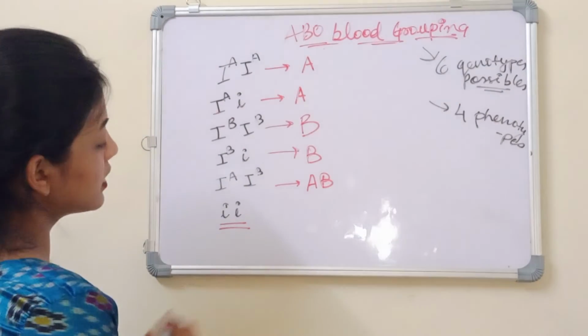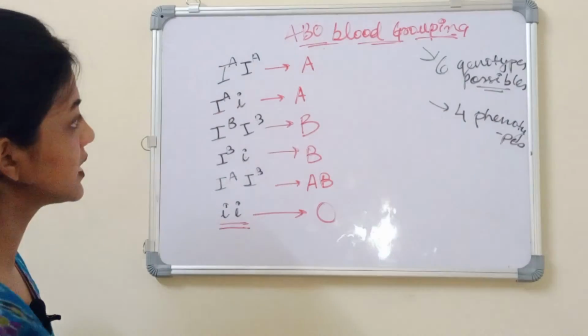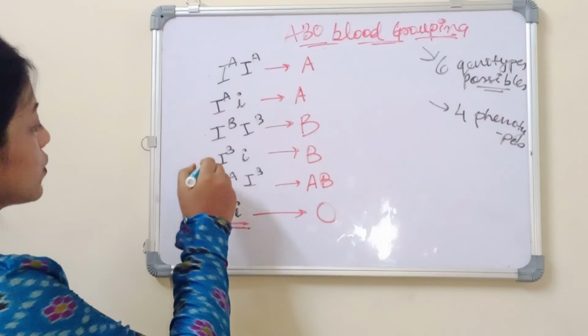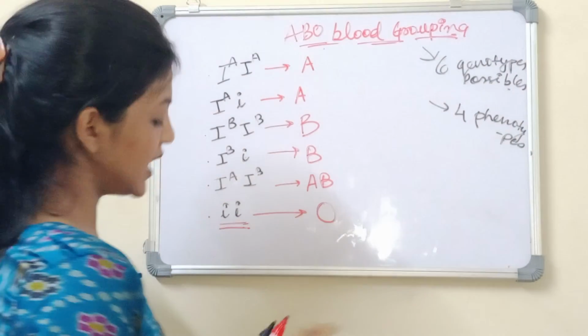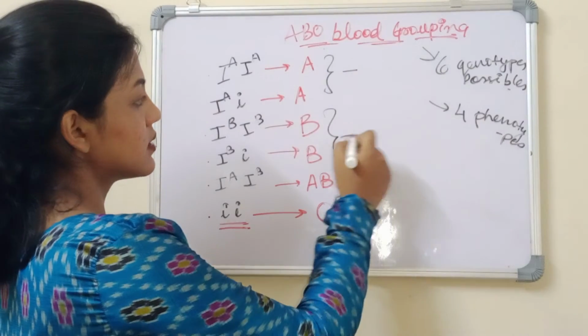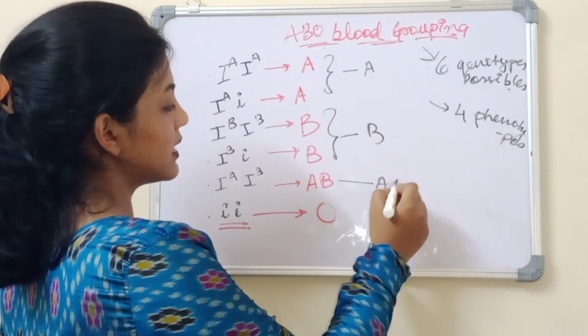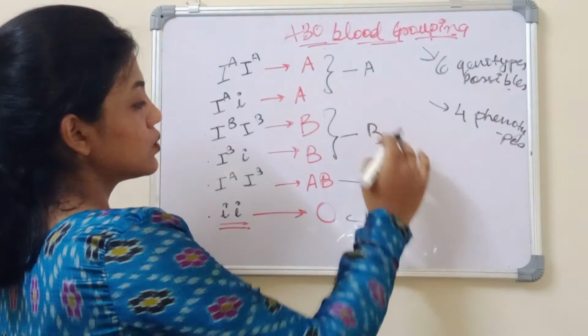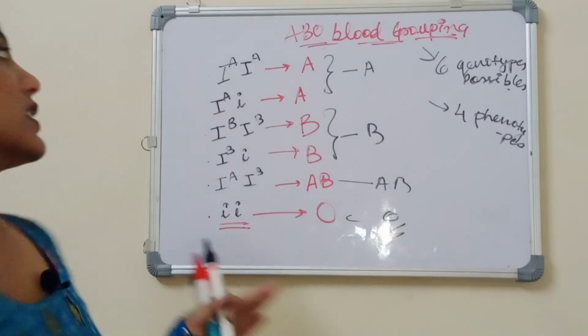Now this is homozygous recessive, so it is expressed as O blood, right? So 1, 2, 3, 4, 5, 6 genotypes are possible and 4 phenotypes, because this is one phenotype A only, this is B, this is AB, and this is O. So 1, 2, 3 and 4 phenotypes and 6 genotypes are possible under the human ABO blood grouping.